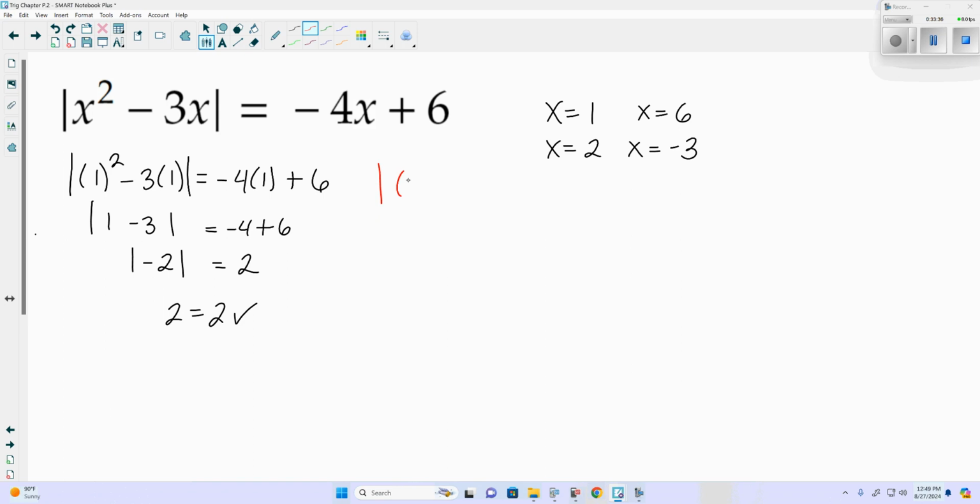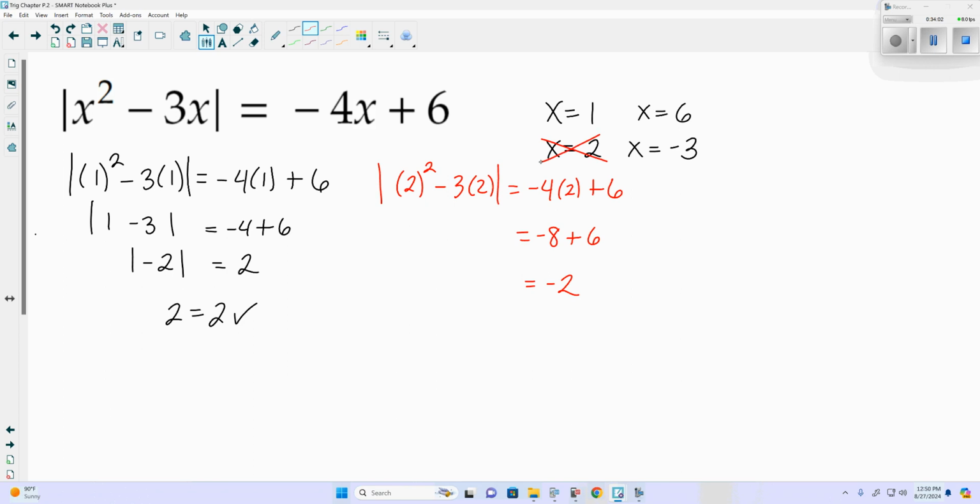We can check 2 next. So we'd have the absolute value of 2 squared minus 3 times 2 is equal to negative 4 times 2 plus 6. Again, let's look at the right side first. Negative 4 times 2 is negative 8. Negative 8 plus 6 is negative 2.